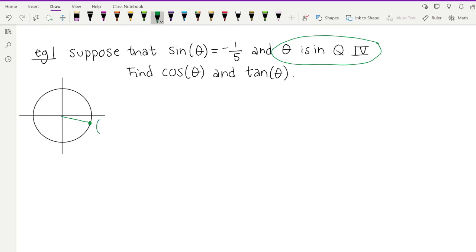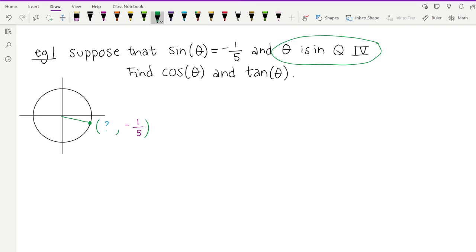Okay, so let me label what we know here. We know that the y coordinate is -1/5, right? That's the information that we're given because we were told that sine was -1/5. And maybe let me write that down so if anyone's looking at their notes, they'll see where we got this. And then I'm just going to put a question mark for our x coordinate because we don't know what that is.